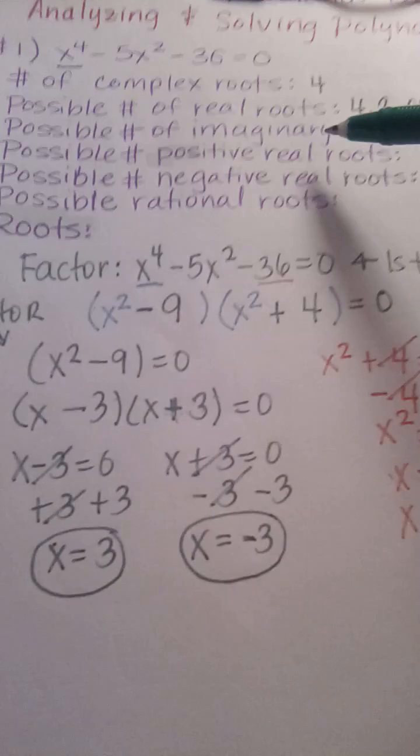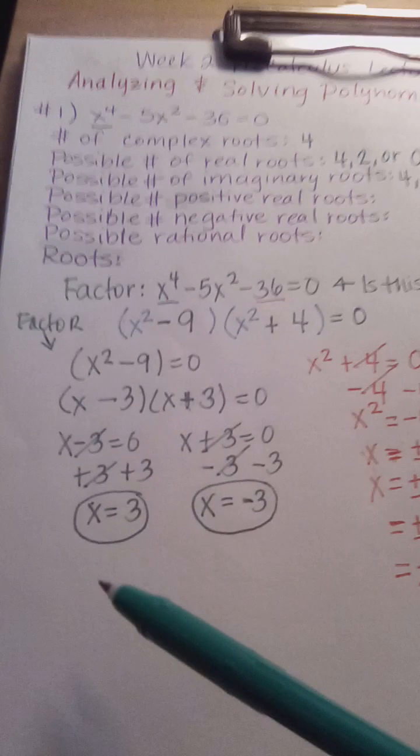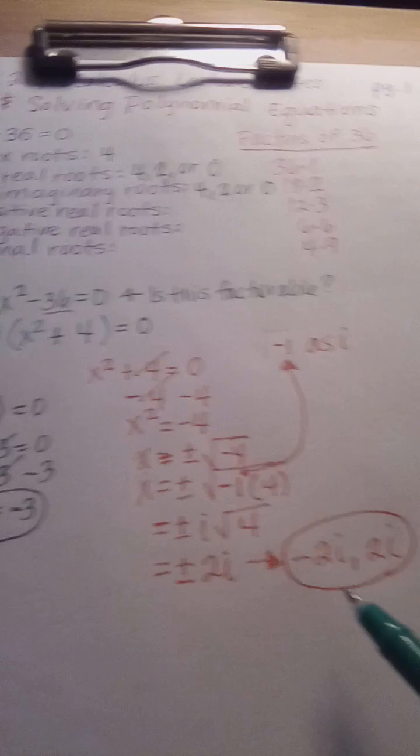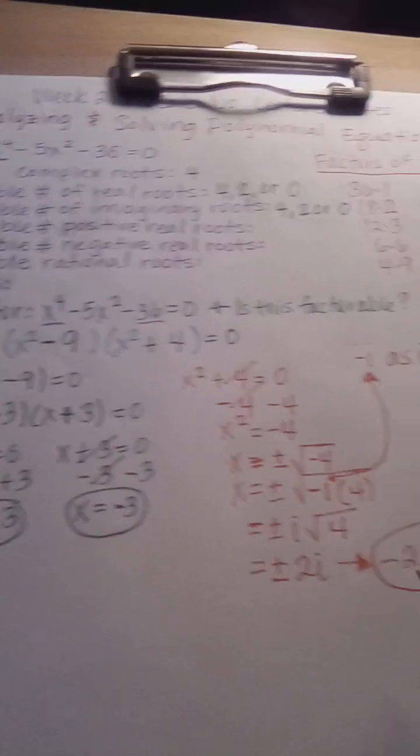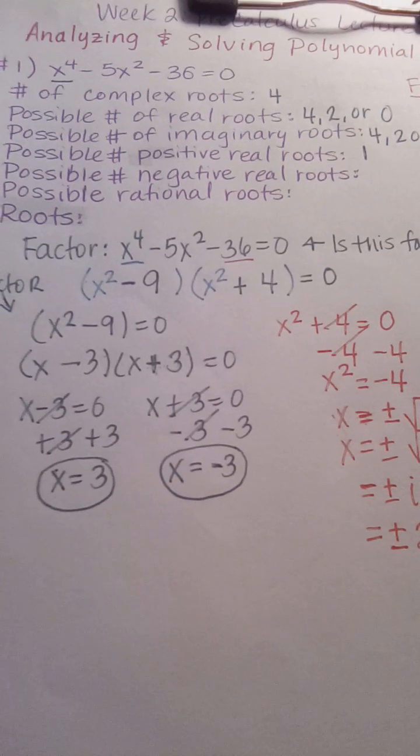All right. Possible number of positive real roots. It's going to be 1. See, 1 and 1, right? It's the same thing. Same thing with the possible number of negative real roots. It's the same thing. All right, that is itself.